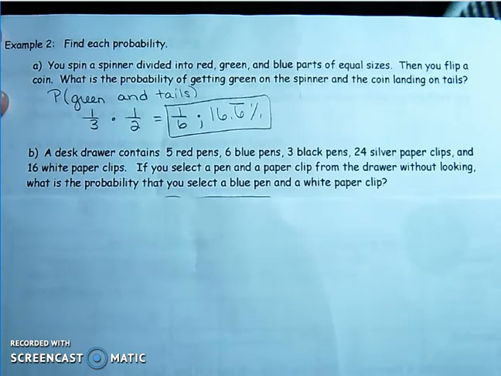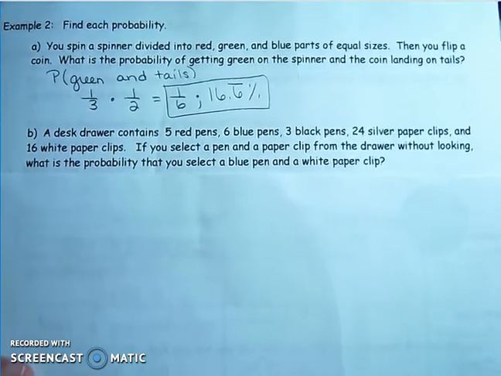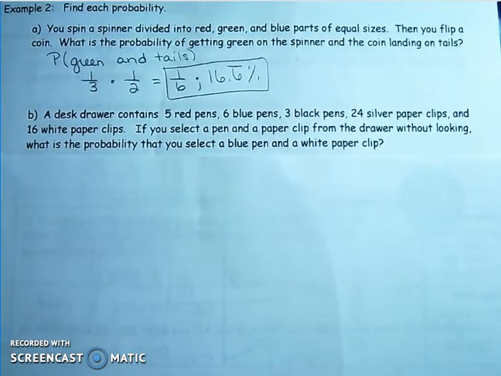The next question says a desk drawer has 5 red pens, 6 blue pens, 3 black pens, 24 paper clips, silver paper clips, mind you, and 16 white paper clips. If you select a pen and a paper clip from the drawer without looking, what's the probability that you select a blue pen and a white paper clip? Well, there are 6 blue pens out of all the pens, and there are 14 pens total, so that would be 6 out of 14.